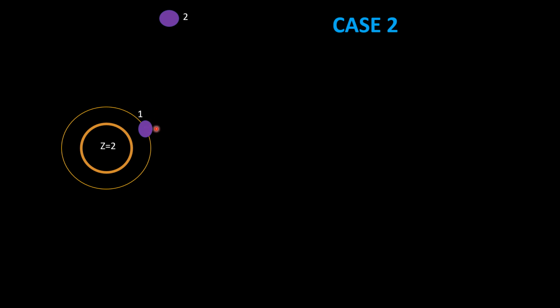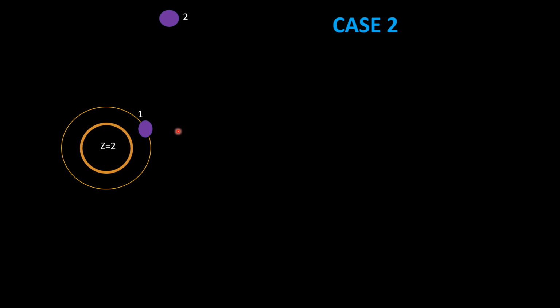So electron 1 experiences the full charge of the nucleus. Here Z effective will be equal to plus 2, which is the full charge of the nucleus, so electron 1 has no shielding from the nuclear charge.